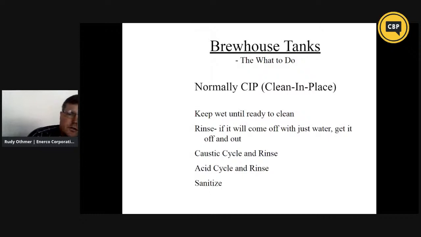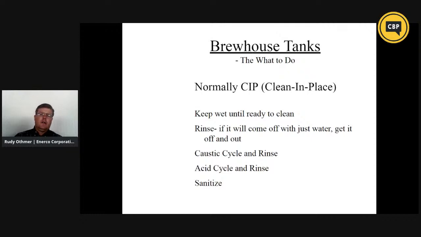Because that tank is typically pretty big, and we're not going to pick it up and put it in a sink and clean it out of place, and nobody's going to crawl inside and manually clean. Although sometimes some scrubbies, again, are needed, but normally you're going to clean that tank in place.